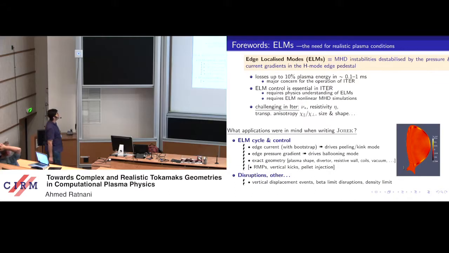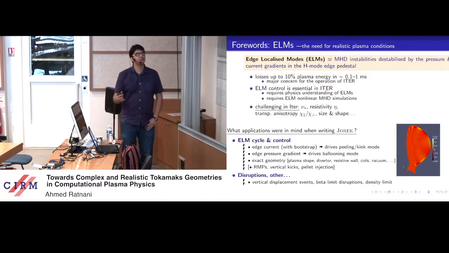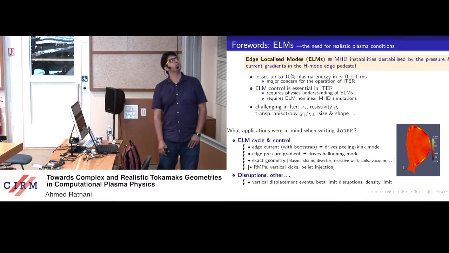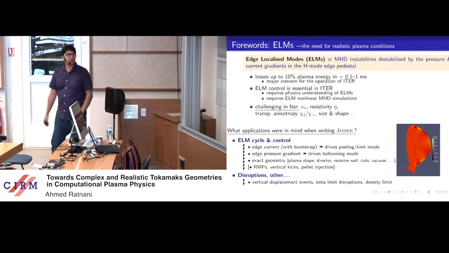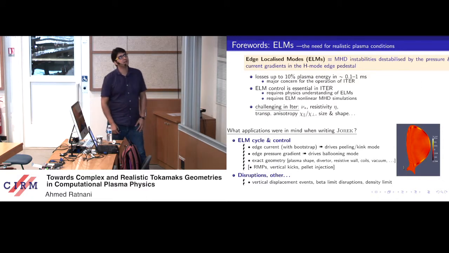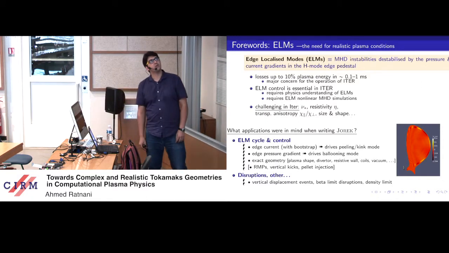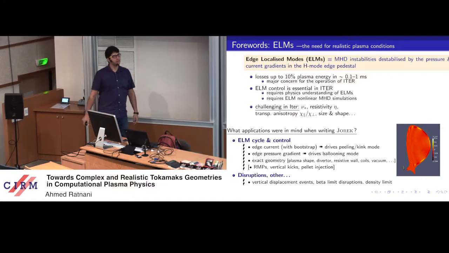So I'm working on Jorek, which is a finite element code for nonlinear reduced MHD, and the aim of it is to simulate edge-localized modes, which are MHD instabilities that are destabilized by pressure and current in H-mode, and may lead to a loss of energy of up to 10%, and even in ITER we expect a loss of 20%.